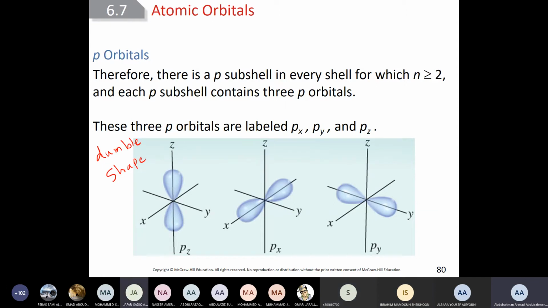The electron is light, and this light is available here, the blue color, and now I make it red, and here. It's one electron, but the light of it is available here and here. If I put two electrons, it will be more intense. This is the shape of the p orbital.